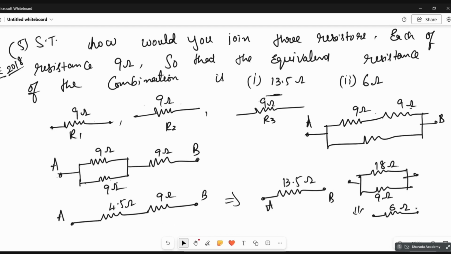Here, put one thing first. You should mention between which two points you are taking it, otherwise how will you know? Understood now? This is 2018, they had asked this question like this. So think of what the possible ways are. In mind only you can do series and parallel, then you can try the other.